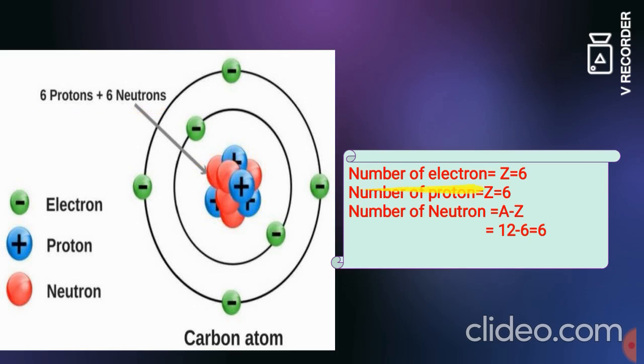So the number of electrons is 6, the number of protons is also 6, and for the number of neutrons, we first add both the protons and neutrons, and then we subtract the protons. So 12 minus 6 is 6. So there are 6 neutrons present in the carbon atom.